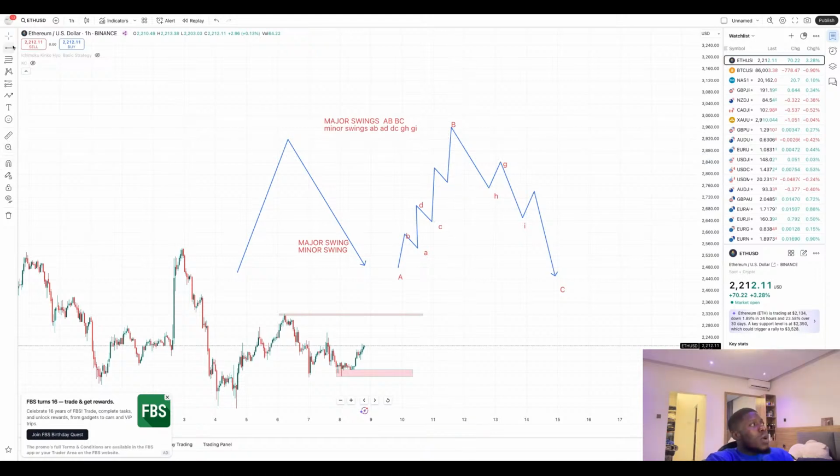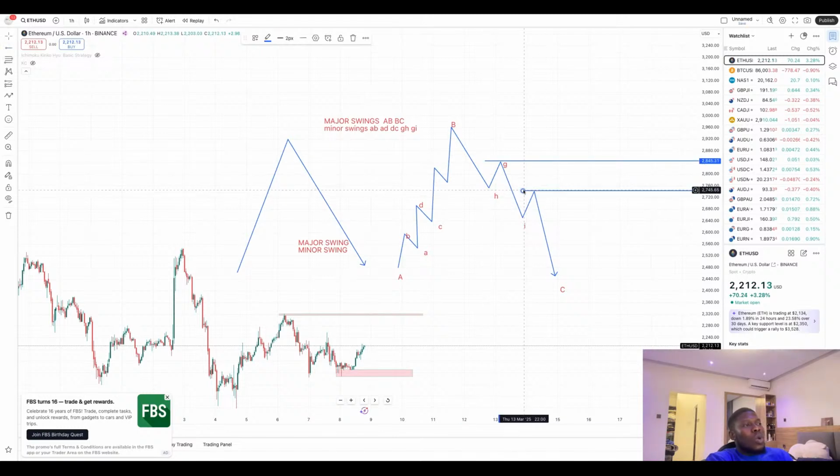When you're trying to mark your support and resistances and you're using these levels, which are your minor swings, coins might not respect these support and resistances.